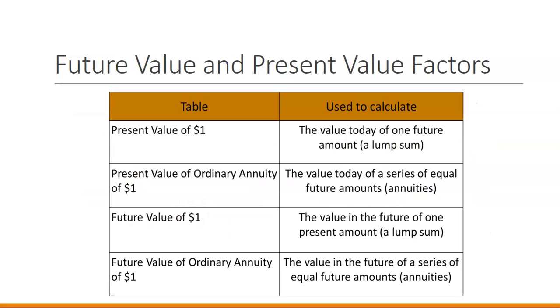We look at the future value and present value factor tables. So there are four time value of money tables. Present value of one, which is the value today of a lump sum in the future, and the present value of an ordinary annuity of one. So this is the value of a series of equal future amounts, or annuities.